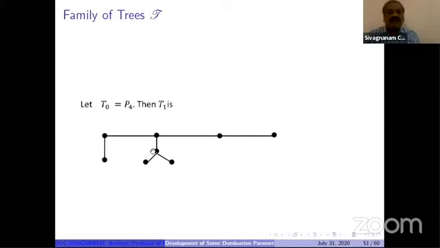For this vertex, I add one P3 with its center vertex adjacent to this vertex. You can add a pendant vertex at all vertices, or P3 at all vertices, no problem. So the first vertex gets K1, the second vertex gets P3, the third vertex gets one pendant vertex K1, and the last vertex gets P3. Now this is called T1.